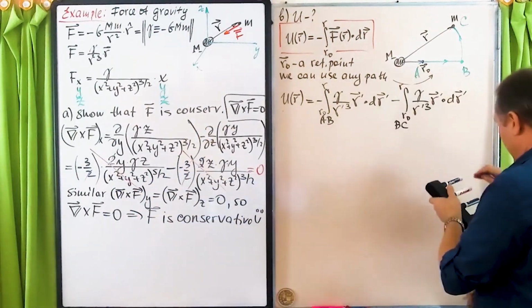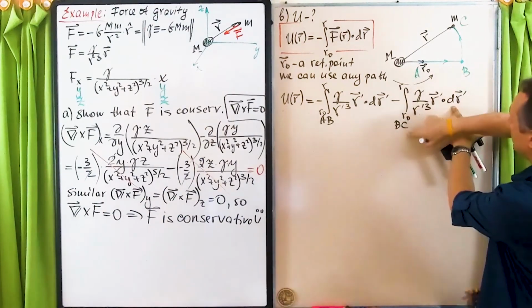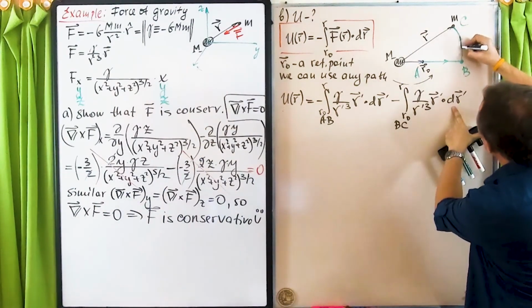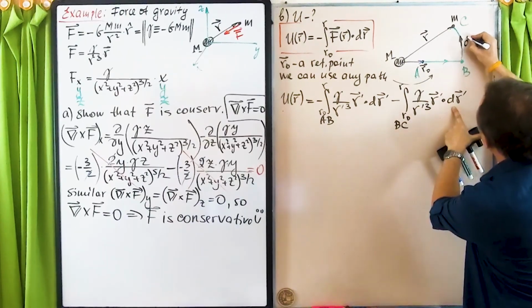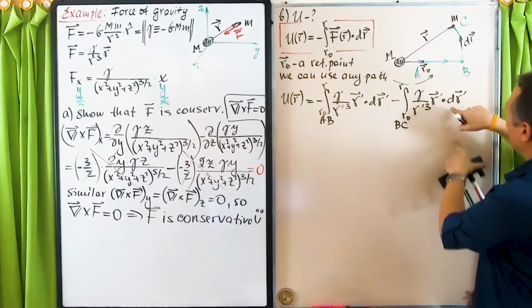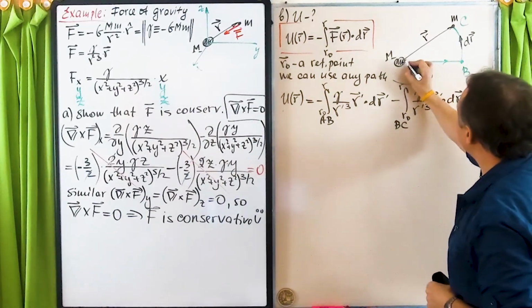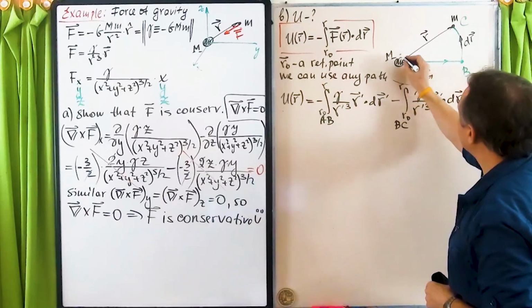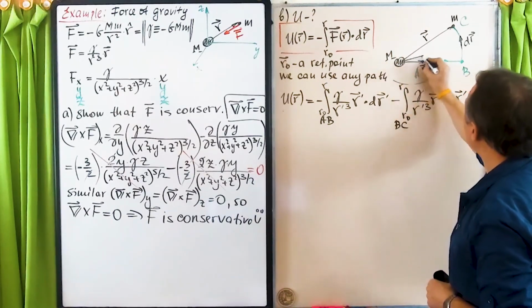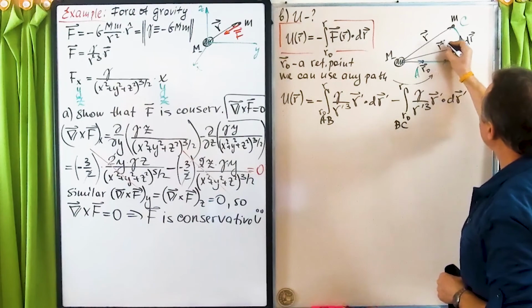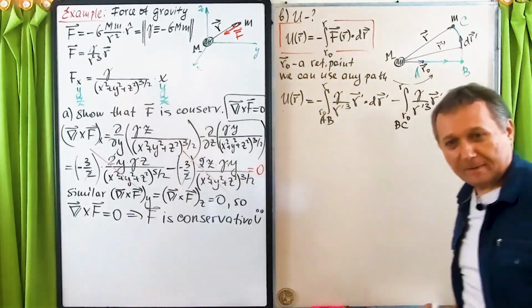So what is dr for BC? This is dr, right? And where is r prime? R defines position relative to the origin, so that is our r. Okay, let me use primes, r primes.